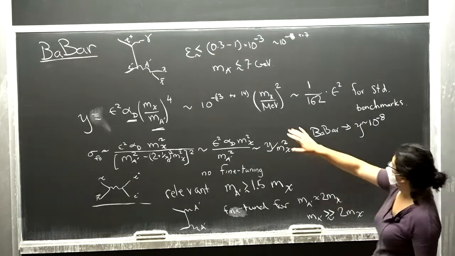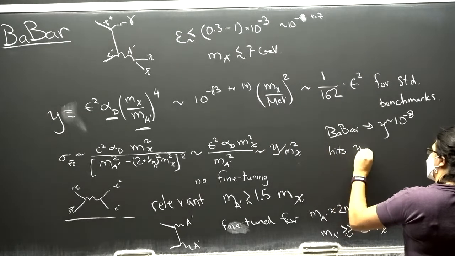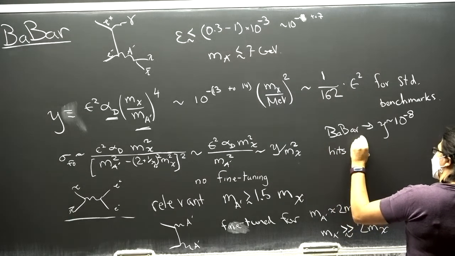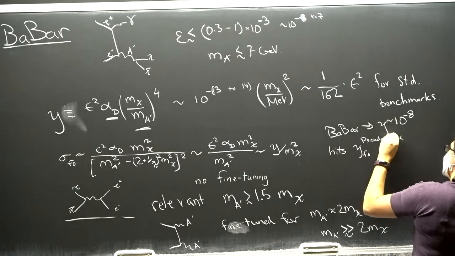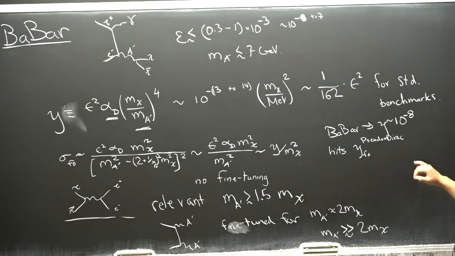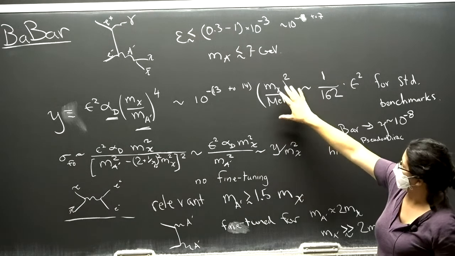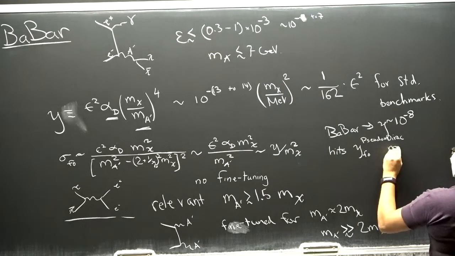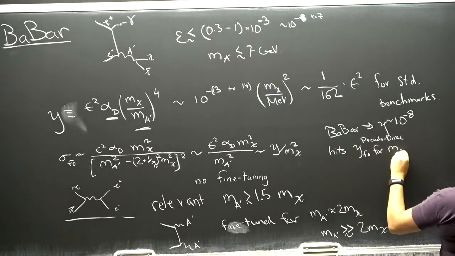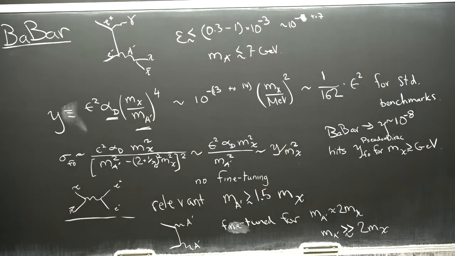So it hits this lower line, which corresponded to pseudo-Dirac dark matter, when this squared is 10 to the 6th, or in other words, for m chi greater than about a GeV, which is right near the edge of its sensitivity.